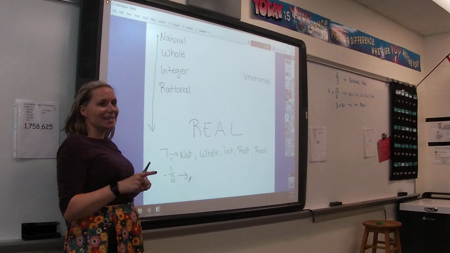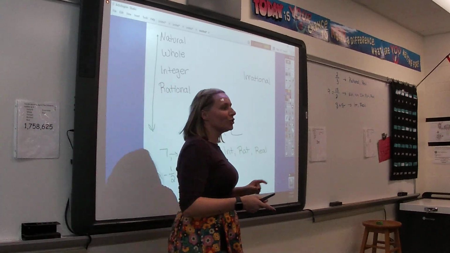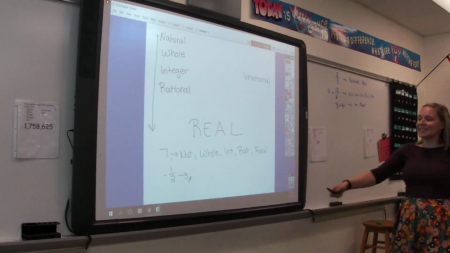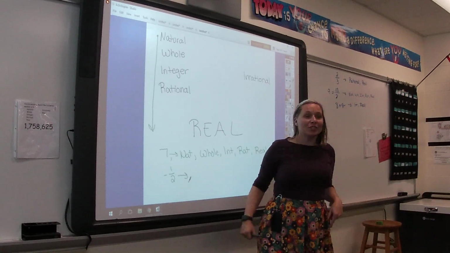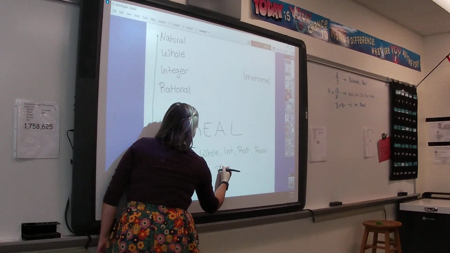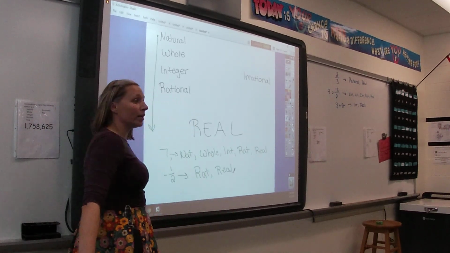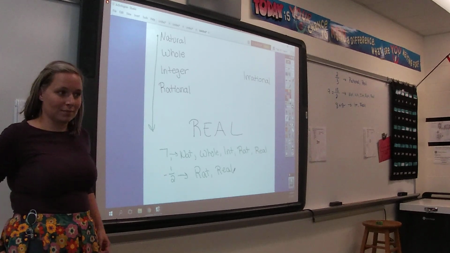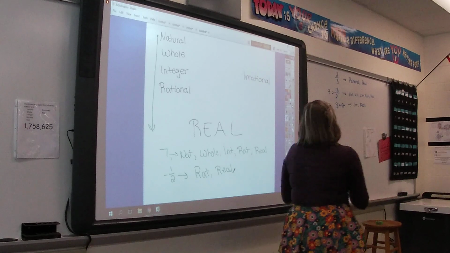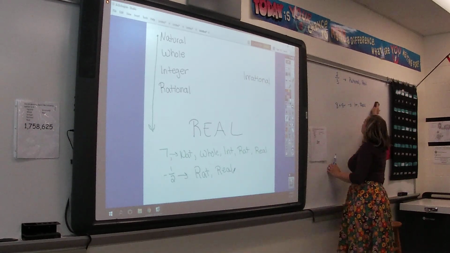Negatives. Does an integer introduce a fraction into the picture? No. So is this an integer? No. Is it rational? Yes. Which means if it's rational, it's also real? Yeah. All numbers are real.